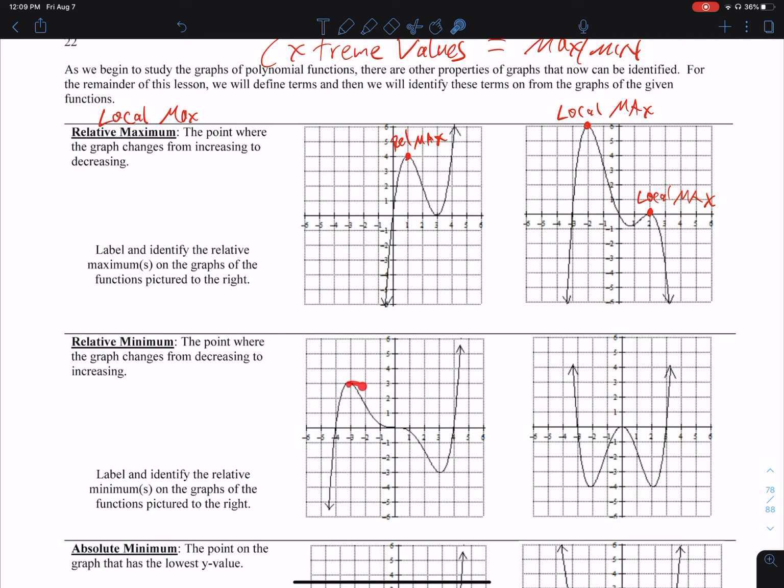So here the graph is going down from left to right, still going down from left to right, and then once it gets here, it starts going up. Therefore, this point right here is a relative minimum. The next picture, these are both relative minimums because on the left it's decreasing and on the right it's increasing.